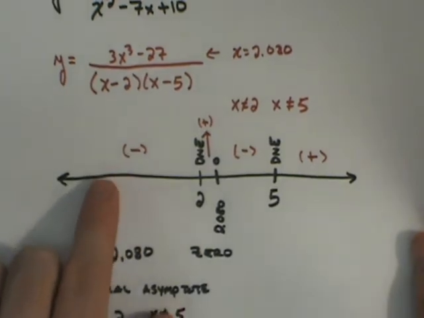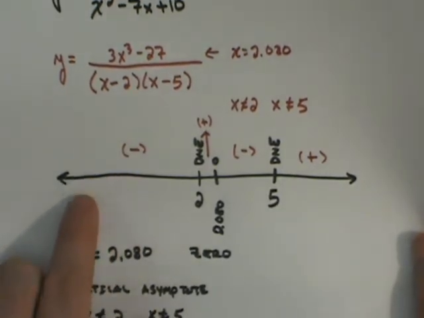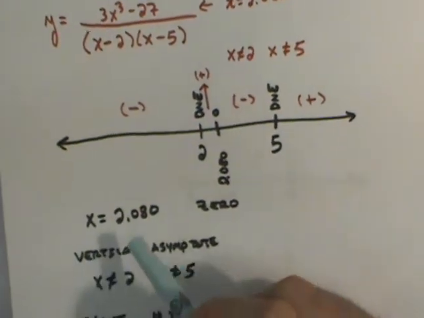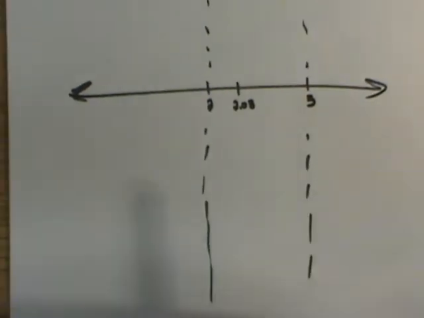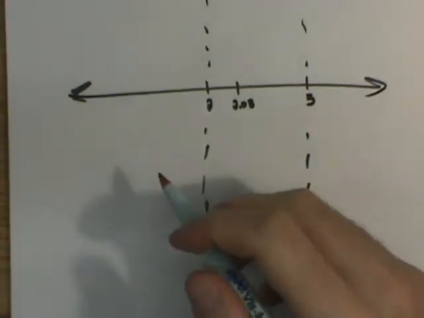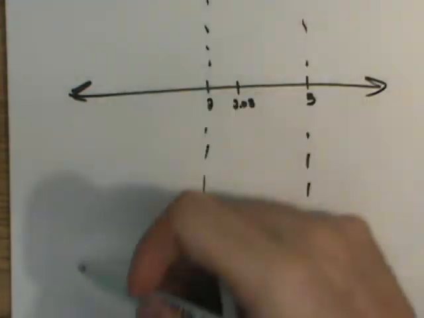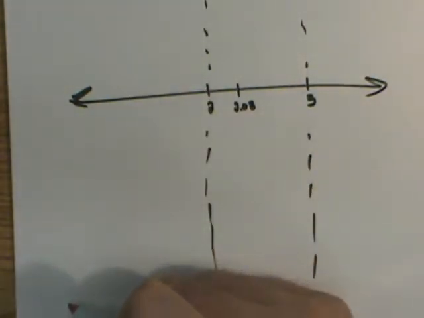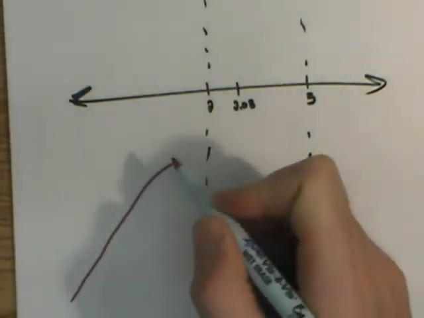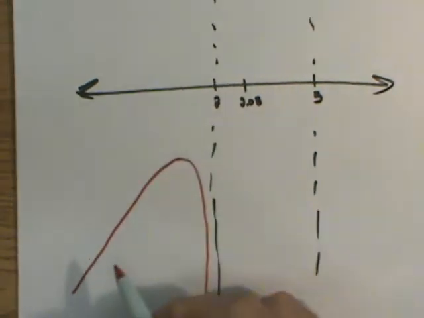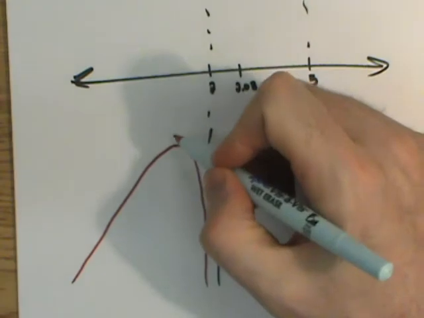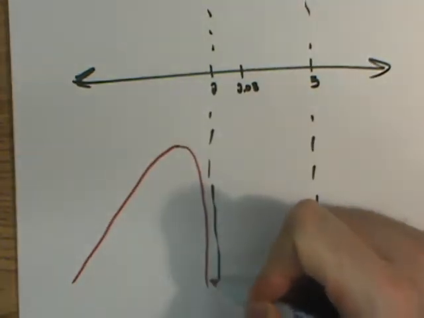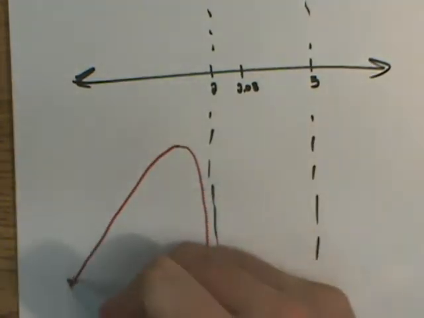If I'm beneath the x-axis, my guess is that this thing is going to have to follow that slant asymptote of y equals 3x. So it's going to shoot up something like this and stay down towards your other asymptote. I'm going to have some kind of graph that looks like this. It has to follow that slant asymptote, and then this vertical asymptote is going to draw that back down, like a black hole. It says you're coming back down this way.